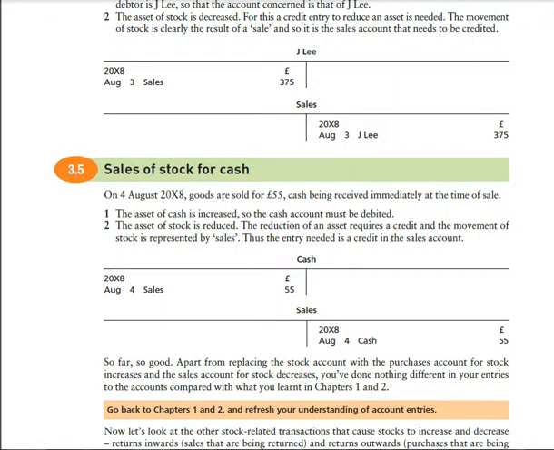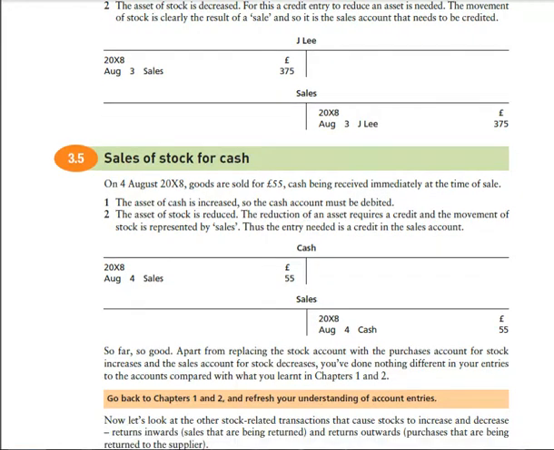So the first entry would be debit cash, because cash has increased, which is an asset account. So the cash account would be debited by 55. On the other hand, stock is reduced, but we will not reduce the stock account directly. We would account for it in the sales account by crediting it, because the stock has decreased. So we will credit the sales account by 55.